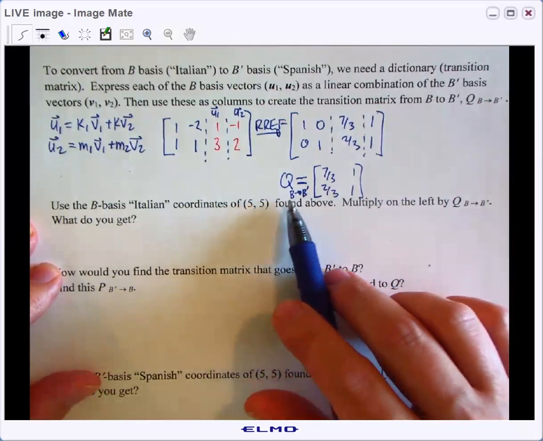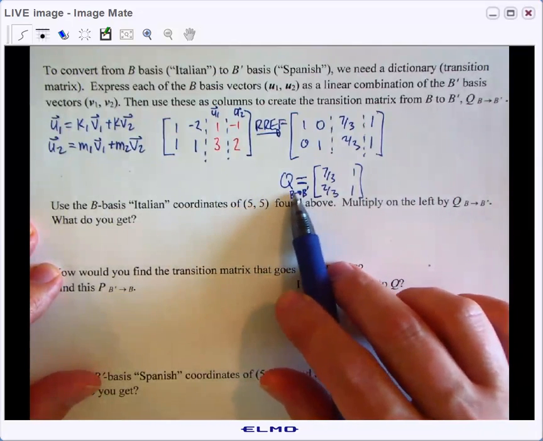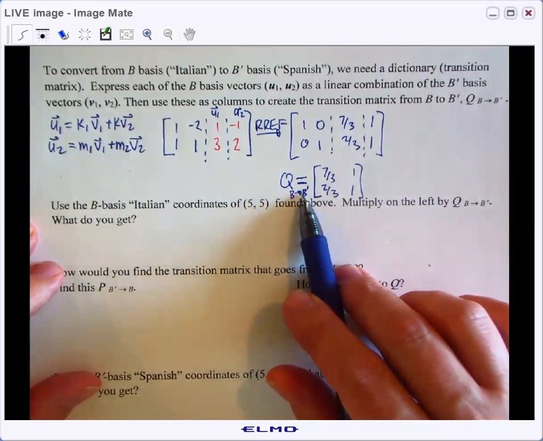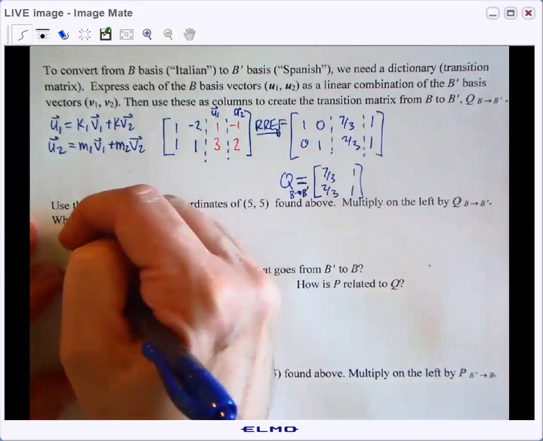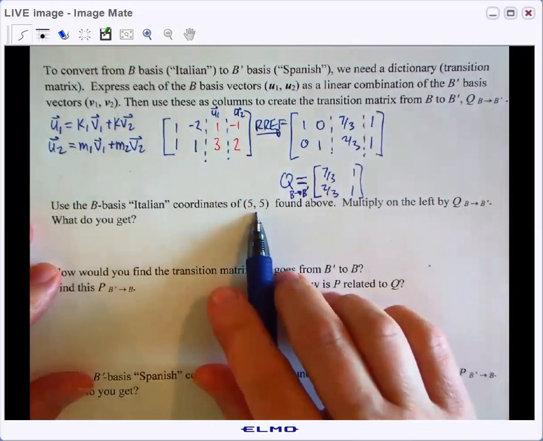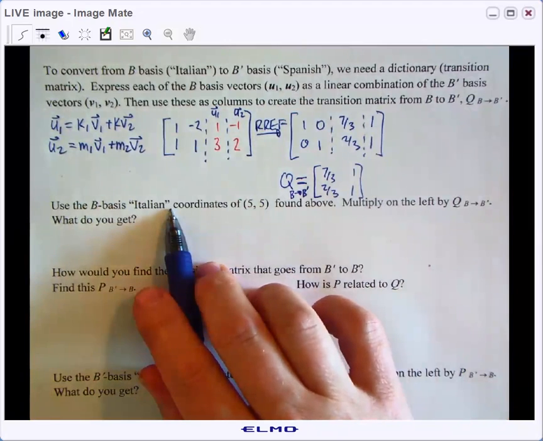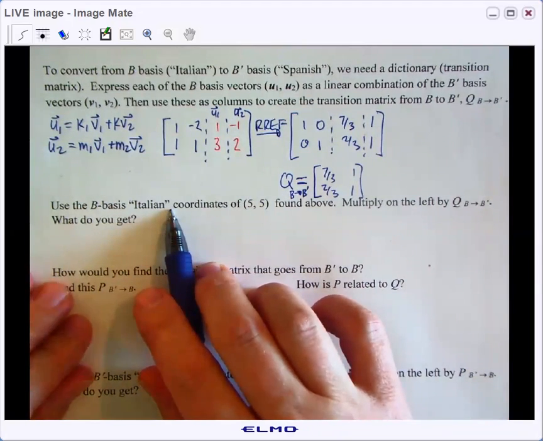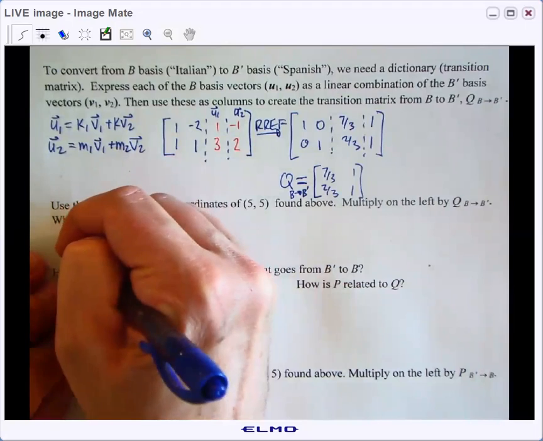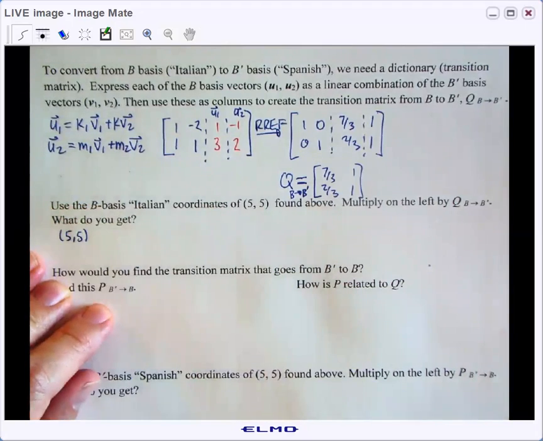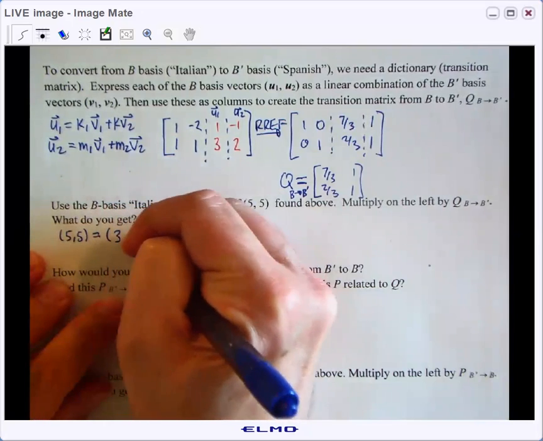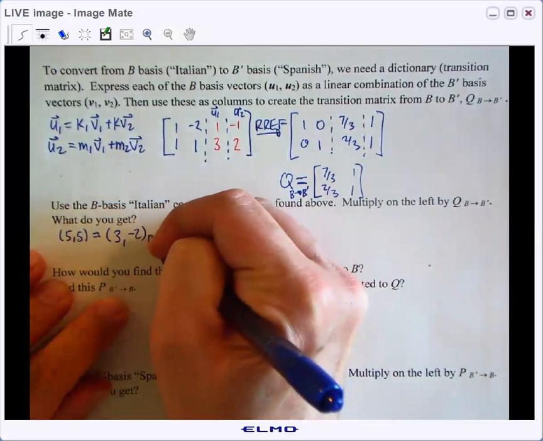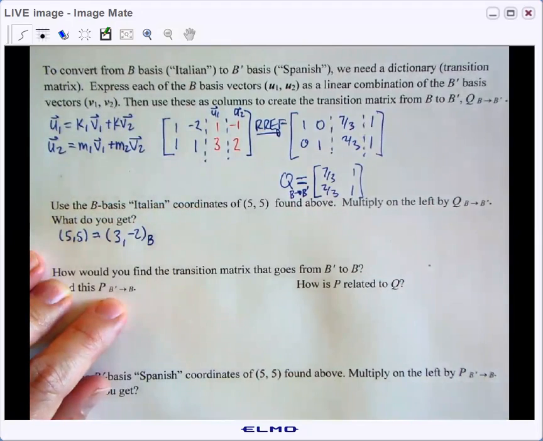And then I'm going to use my Italian to Spanish dictionary to convert that to the Spanish word for apple, which is manzana. Okay, so we need to write the 5, 5 vector in terms of the Italian coordinates. Oh, but wait, we did that on the bottom of the previous page. So 5, 5 with respect to the IJ coordinate system is equal to 3, -2 in the Italian coordinate system.